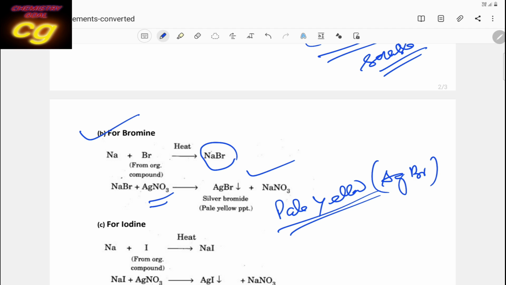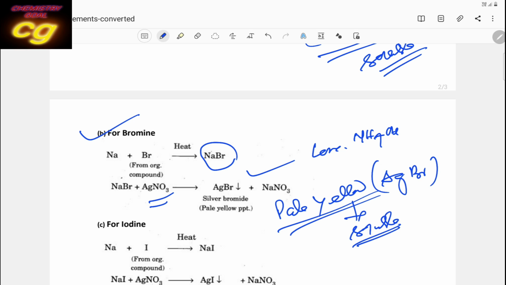For a further test, if you add very dilute ammonia solution, there will be no change in the pale yellow precipitate. If you add concentrated ammonium hydroxide, this pale yellow precipitate will dissolve.